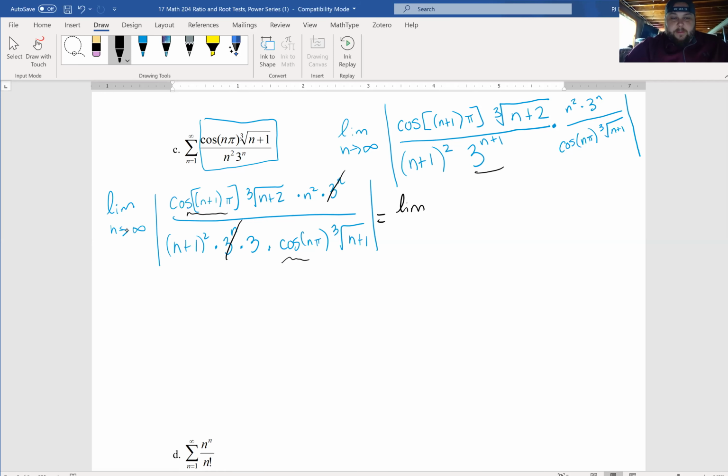So we have limit, n goes to infinity. I'm going to drop the absolute value, which means this and this are going to go away. And then I'm just going to write the cubed roots together.